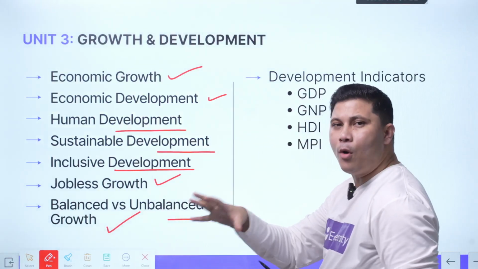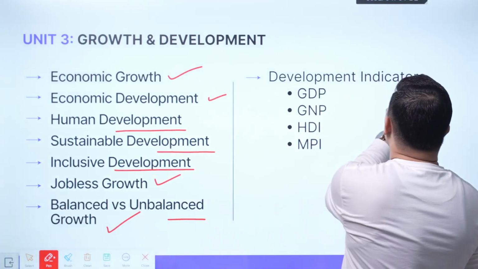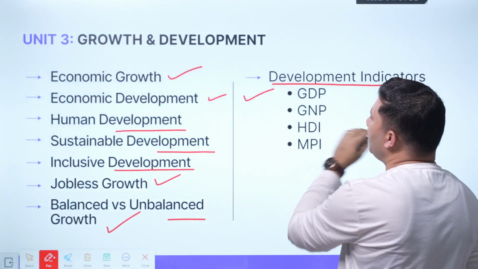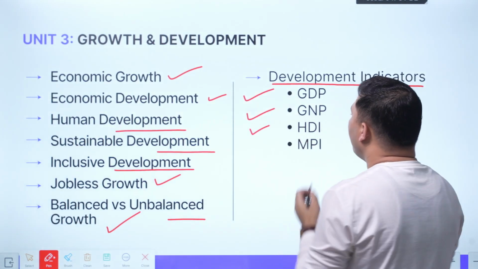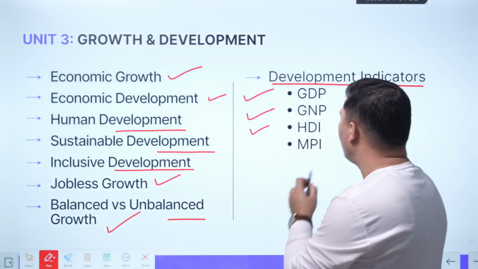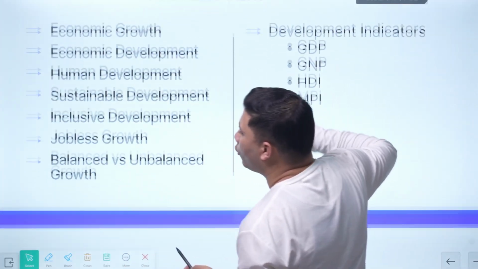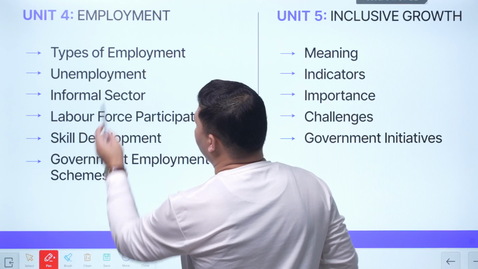These are very important topics in the Indian economy. So developmental indicators we have to study, like national income, GDP, GNP, Human Development Index, Multidimensional Poverty Index, MPI. These are very cardinal.